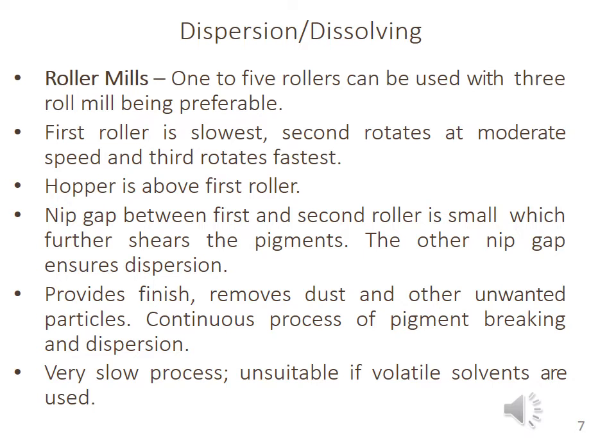The second roller rotates at moderate speed, and the third roller rotates fastest as compared to the first and second rollers. The hopper is above the first roller.